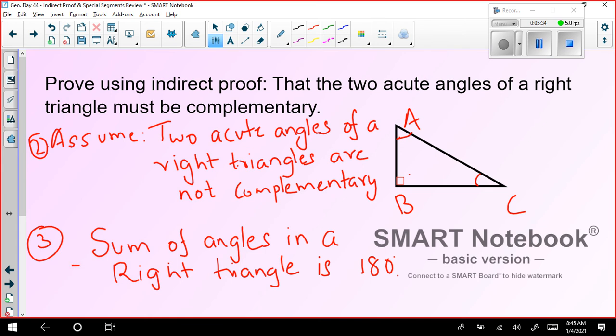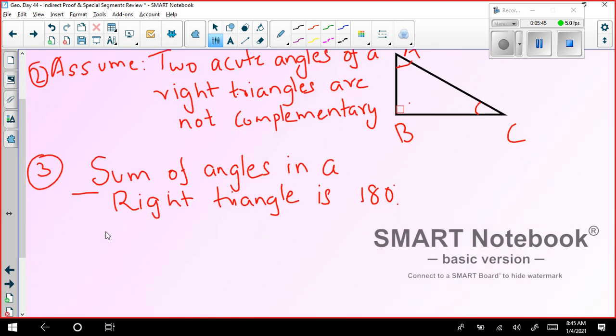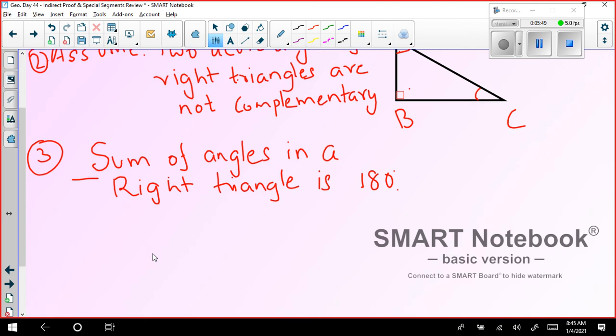This is the first subsection of the third step. I still haven't proved that the assumption is false. So next, if the sum of angles in a right triangle is 180 degrees, we subtract the right angle. We know from the definition of a right triangle that one of the angles is a right angle.